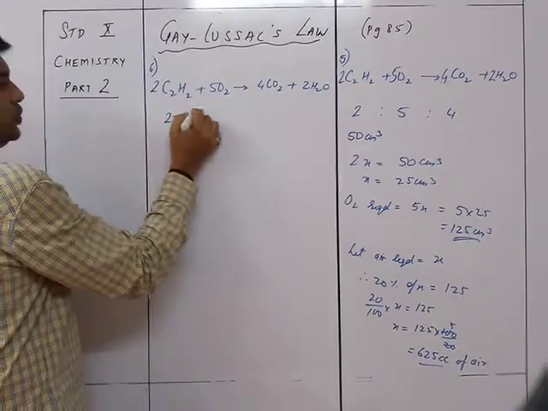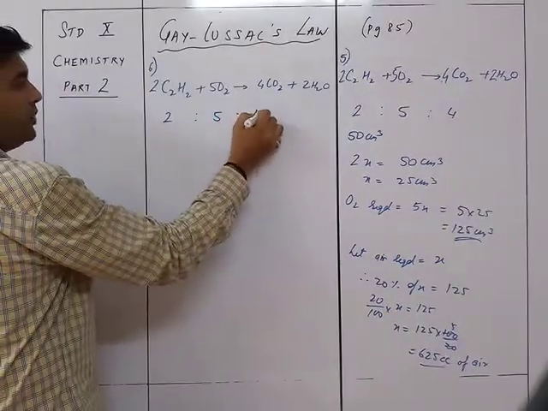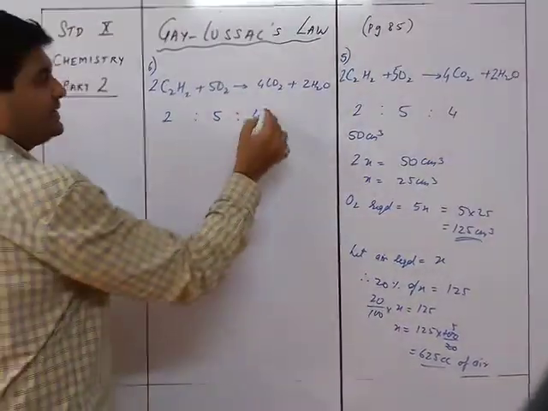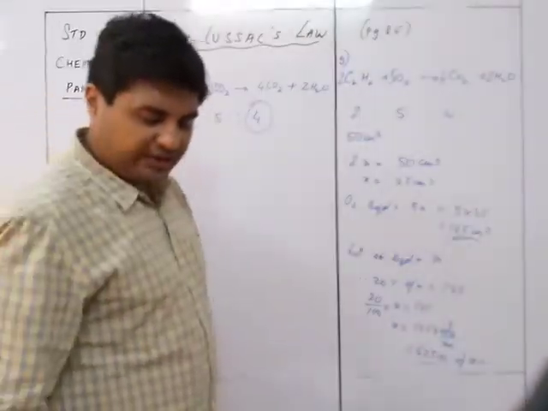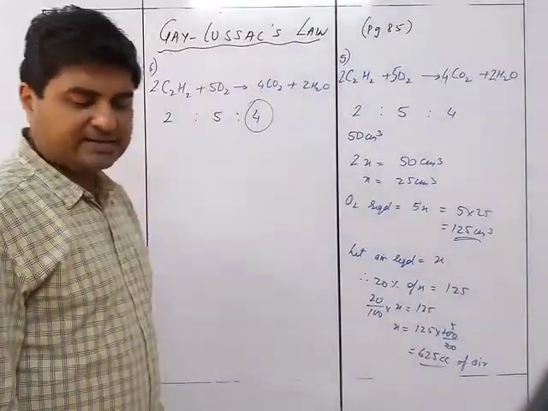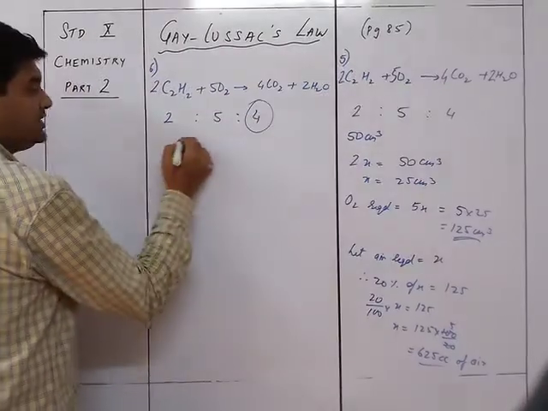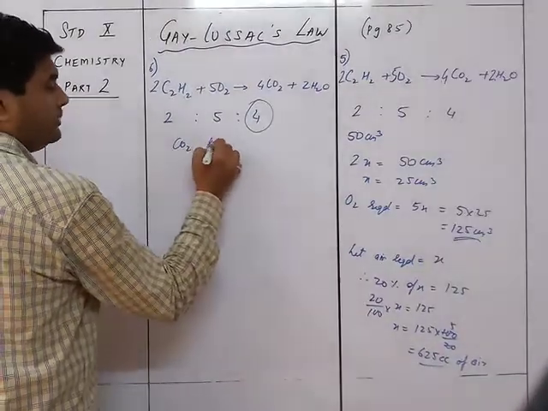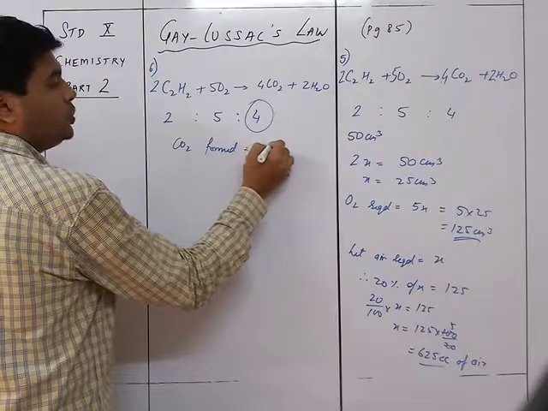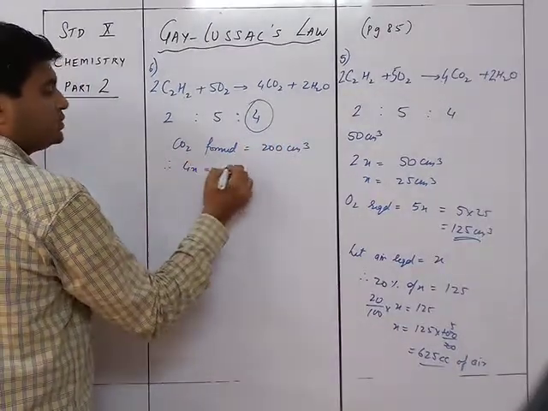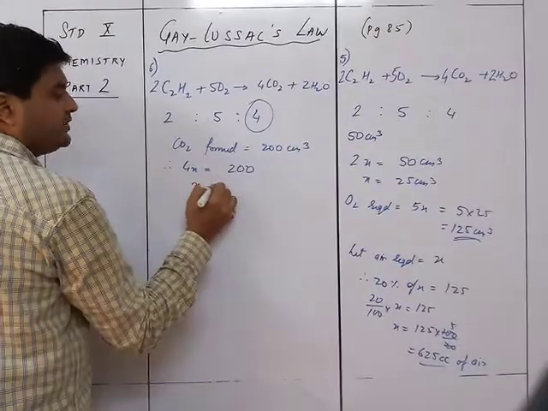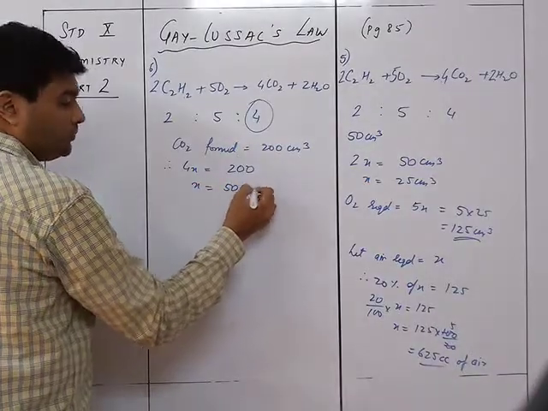The ratio is 2:5:4. Now here it is given that the CO2 achieved is 200 centimeter cube. So CO2 formed equals 200 centimeter cube. Therefore 4x equals 200, x equals 50 centimeter cube.